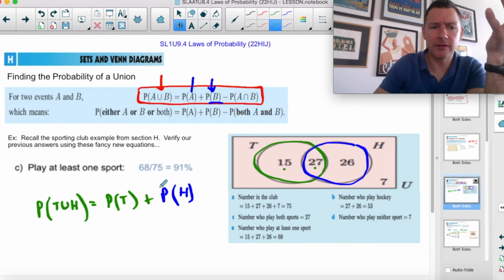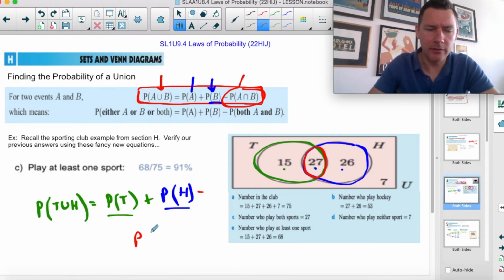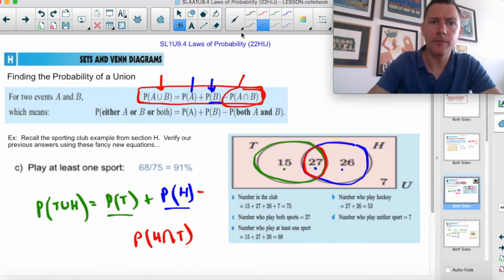If you just did this numerically, you'd say this plus this would be here. This plus this would be here. But we've double counted this component, so we have to subtract the overlap once. So let's subtract the probability of hockey and tennis.